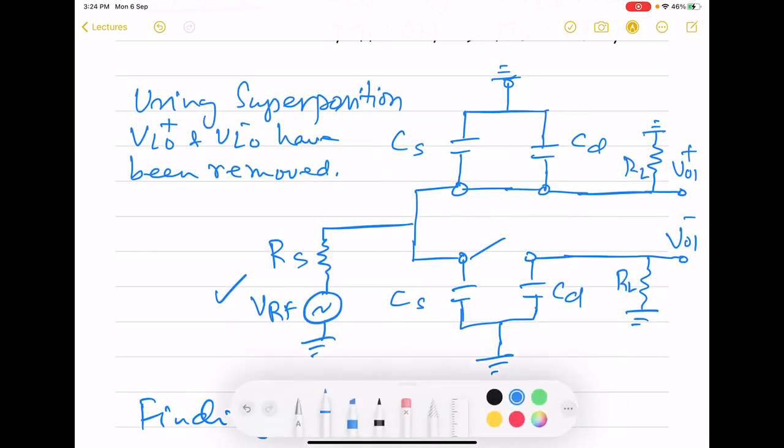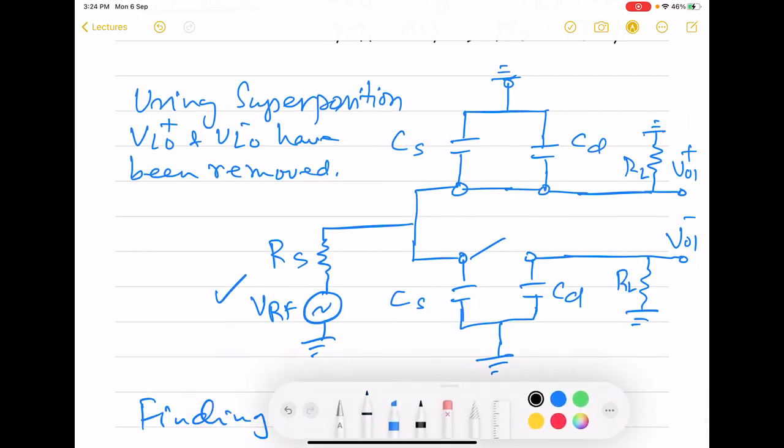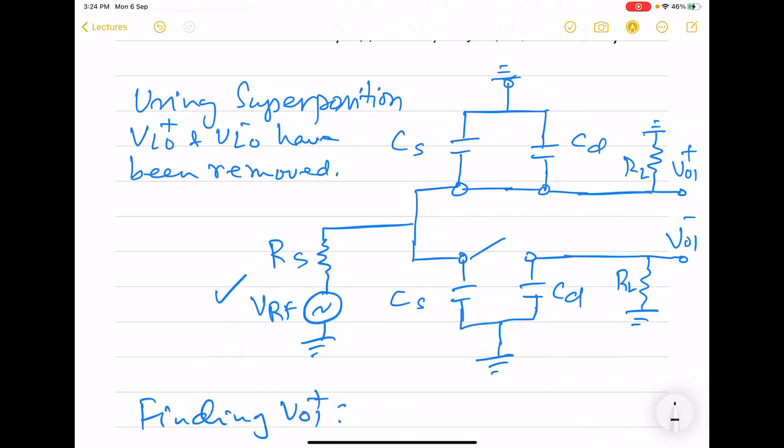Here we can see that this RF signal gets divided between this node and ground via CS, then between this node and LO plus ground through CS, and through CD and RL.